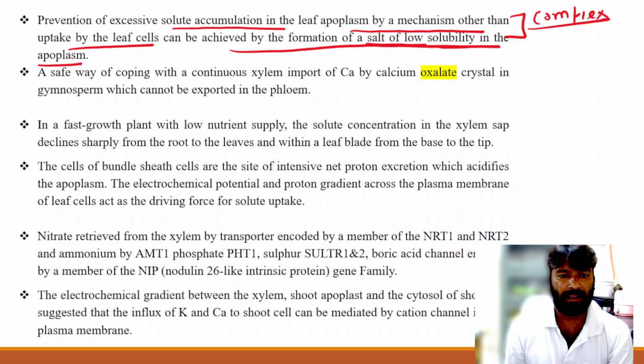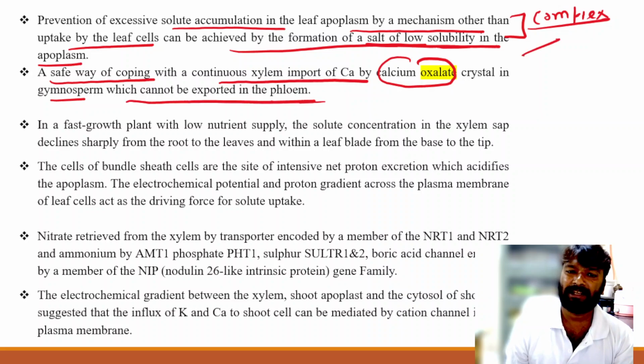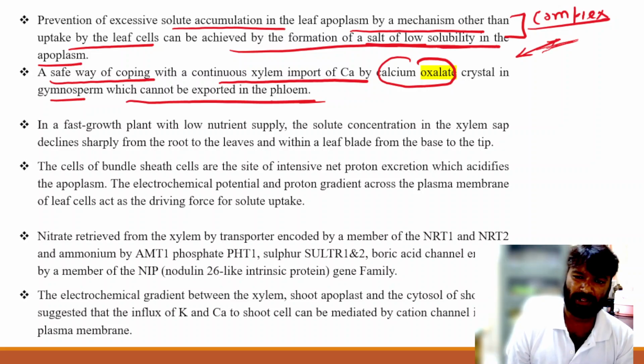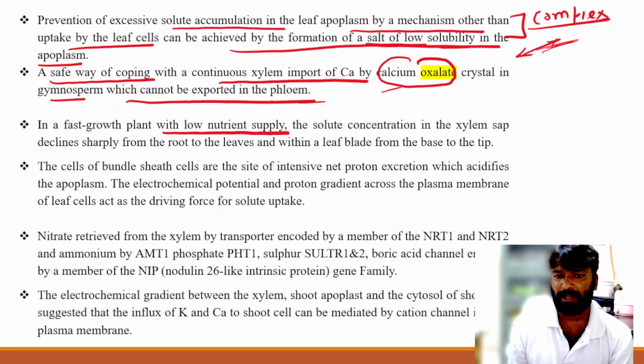Okay, and a safe way of coping with a continuous xylem import of calcium is by calcium oxalate crystals in gymnosperms, which cannot be exported in the phloem, means they can reach there and they cannot be retrieved back to the phloem. Okay, in a fast growing plant with low nutrient supply, the solute concentration in the xylem sap declines sharply.